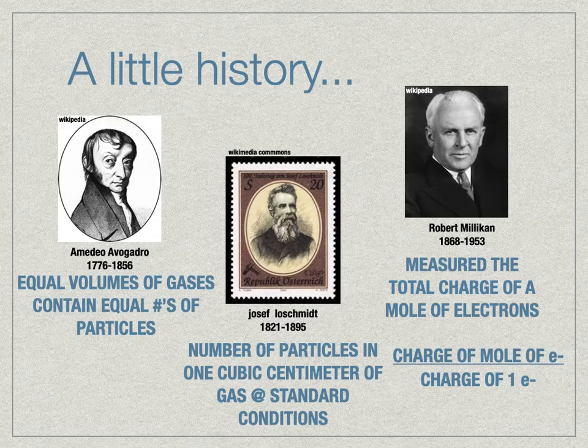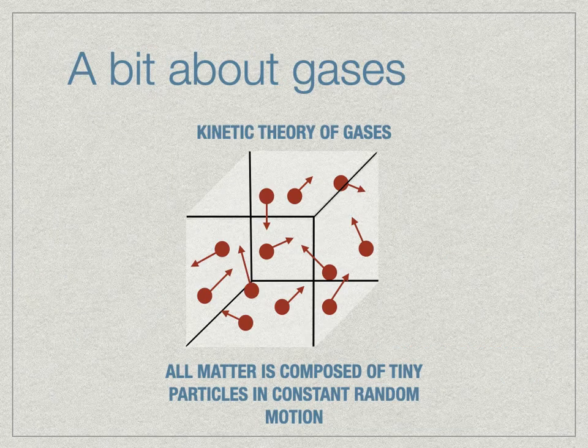He just proposed a theoretical framework that allowed the idea of counting particles to be a viable experimental process. Avogadro's hypothesis was that equal volumes of gas contain equal numbers of particles, provided that they're at the same temperature and pressure. And it relied on a developing theoretical framework around that time called the kinetic theory of gases.